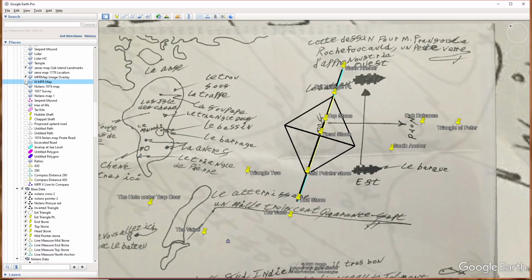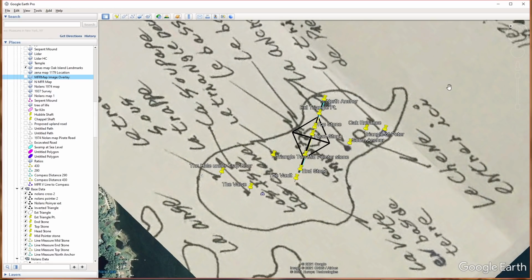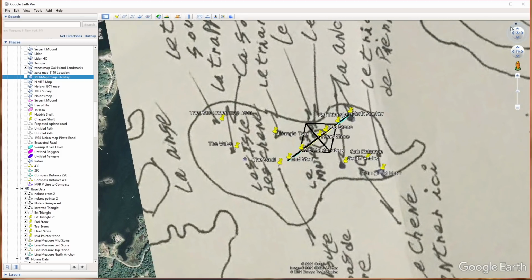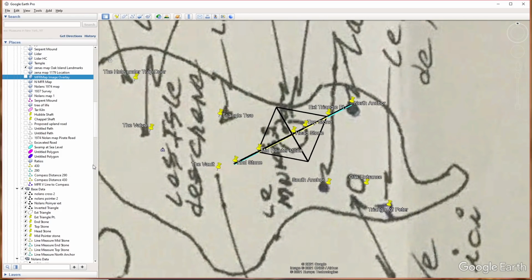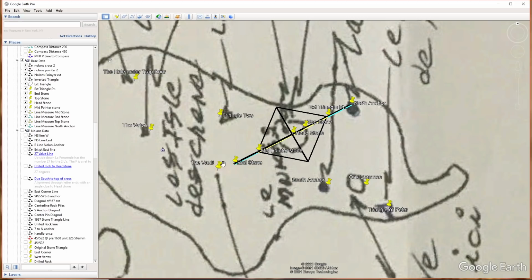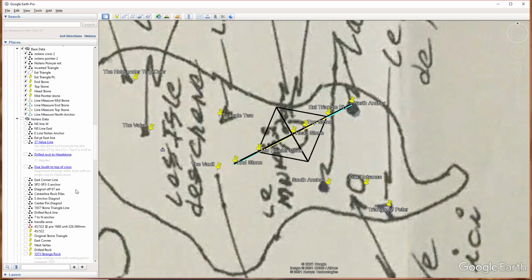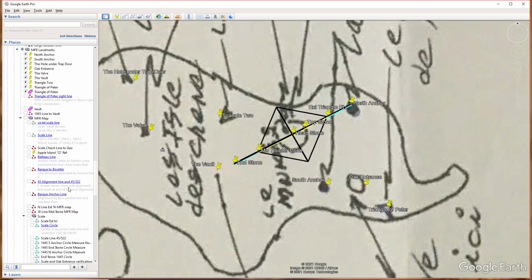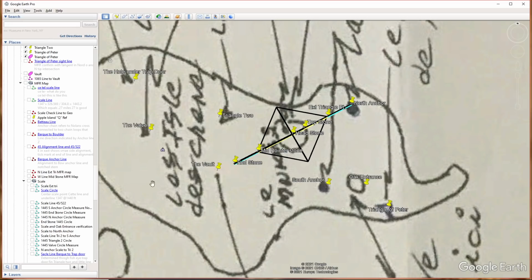And now that we have that established and we understand the 1347 scale, we will then go ahead and put on, because remember, these scales are on the ends of these blue lines on the Nolan's cross. So we have the end stone circle, and then we have the north anchor.